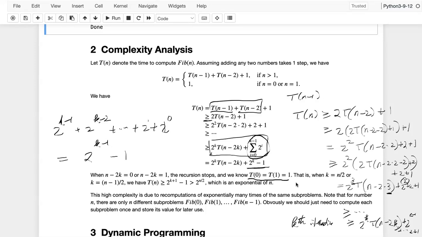So we got 2 to the k. When k is equal to n over 2 or k is equal to n minus 1 over 2, then we stop. Which means that T of n is equal to 2 to the k plus 2 to the k minus 1, minus 1.